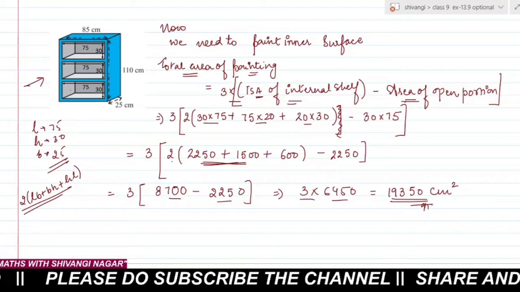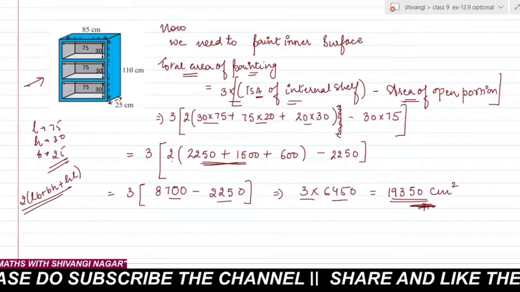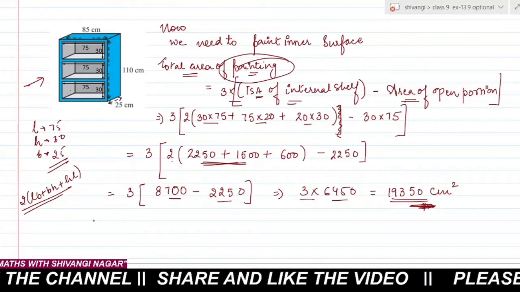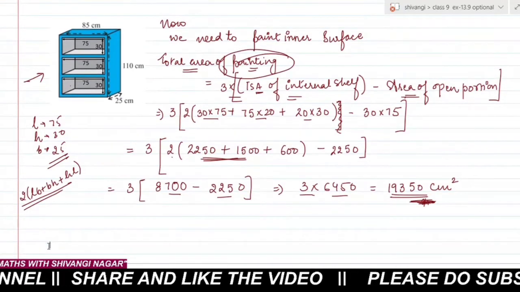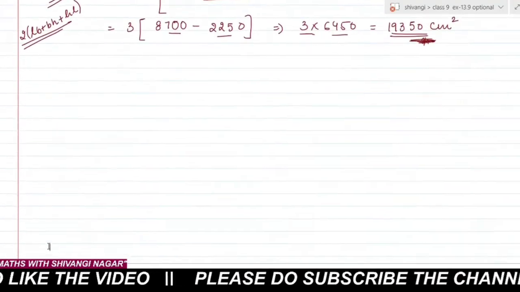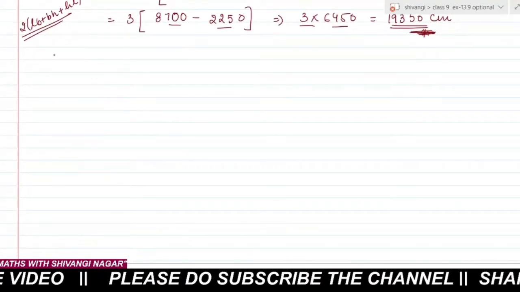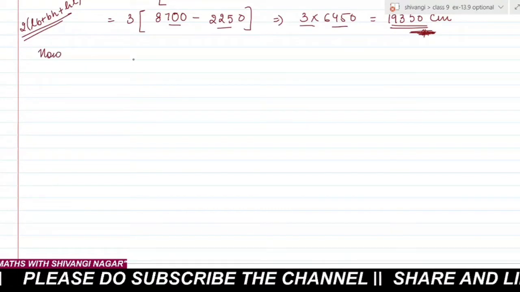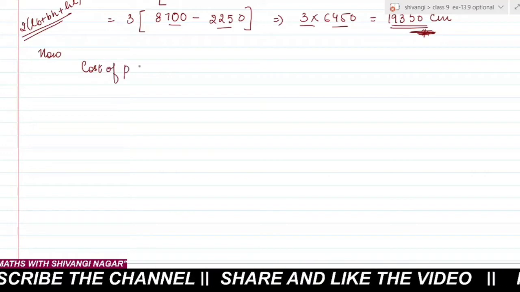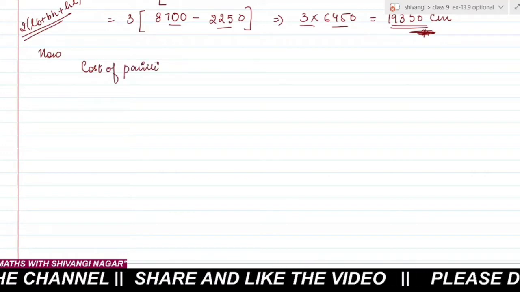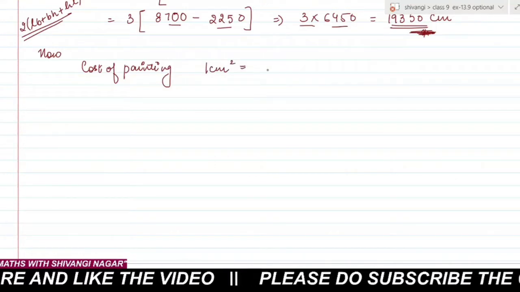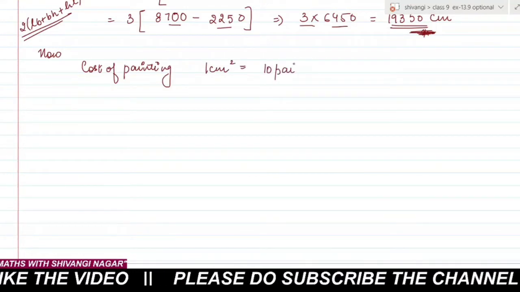Now we will calculate the cost of what? We will calculate the cost of this much area also, and on this part what are we doing? We are doing the painting here, right? So let's find out the costing, right? So we know that it is given in the question that the cost of painting 1 centimeter square is what? 10 paise.